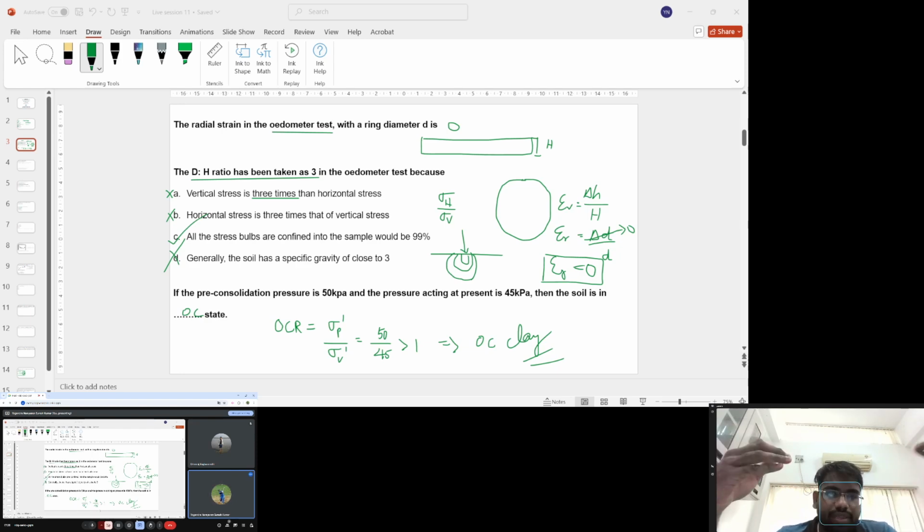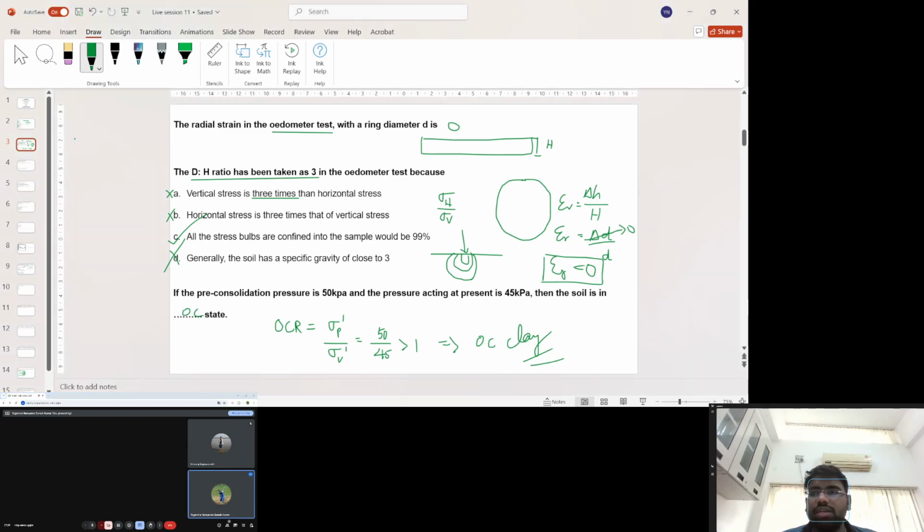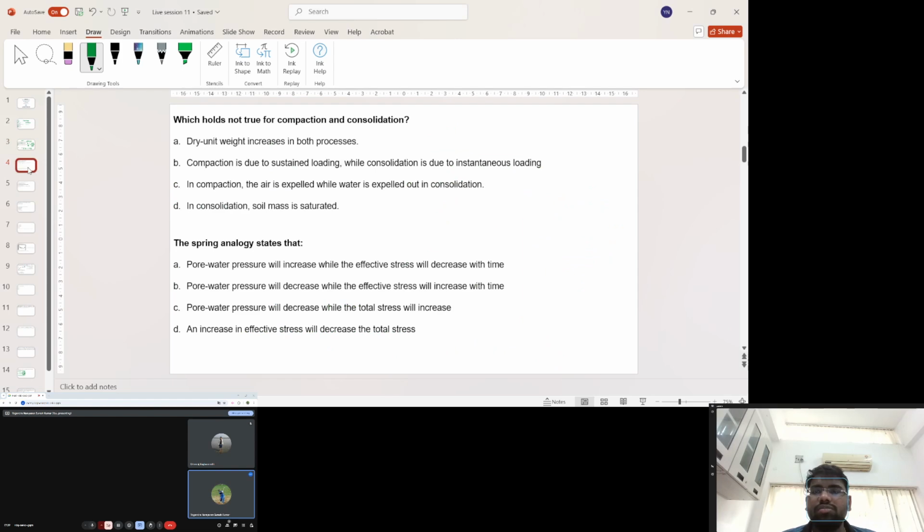Whenever you are conversing in this subject, try to quantify whatever you are saying. Quantifying means how you will measure it, or what parameter you use to measure it. That is how you should be concentrating.